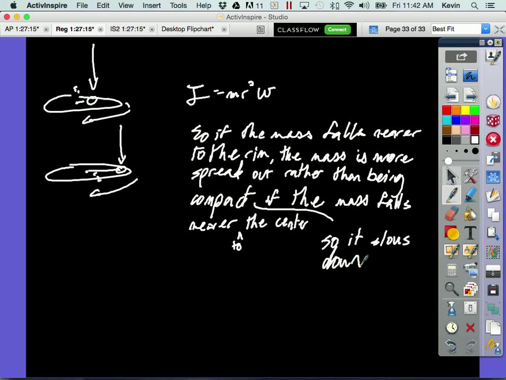Okay, why? Well, you already told me that I for the one on the edge is bigger than I for the one in the center. So why does that make it slow down?